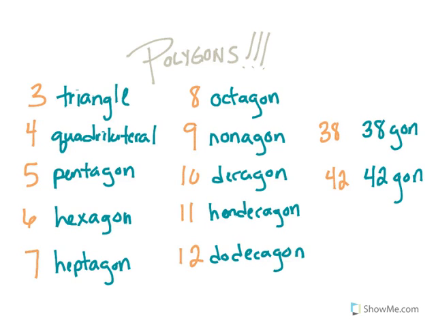Moving on, 11 sides, hendecagon. 12 sides, dodecagon. If you have anything above 12, like 38 or 42, you just say 38-gon, 42-gon, etc. So that's how we are going to name our polygons.